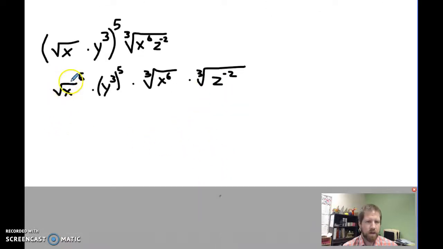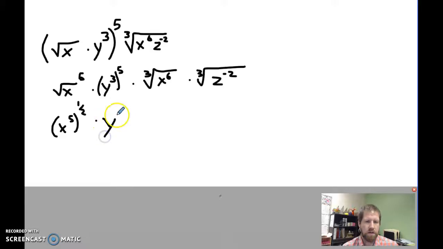Square root is the 1/2 power. So I have x to the 5th to the 1/2. And I could do this the other way. I could say it's x to the 1/2 to the 5th. It shouldn't change my answer at all.